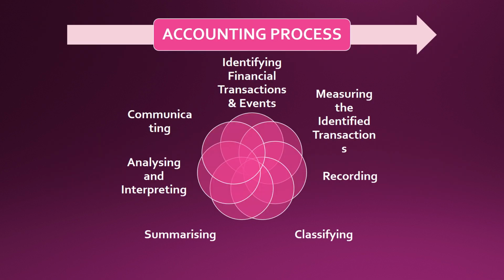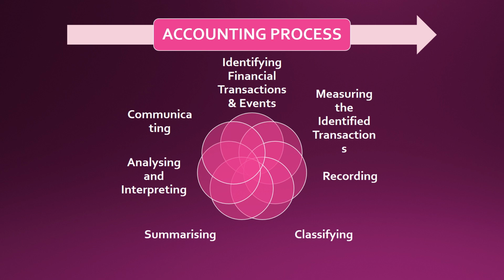A process is a series of interrelated activities to do anything. So when we talk about accounting as a process, it means a series of interrelated activities which are undertaken to ascertain reliable and authentic financial information for the users of that information.